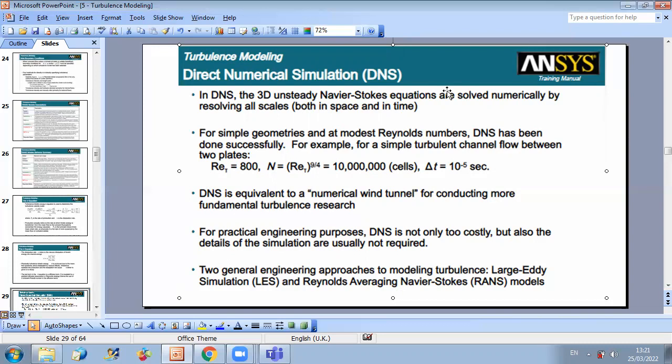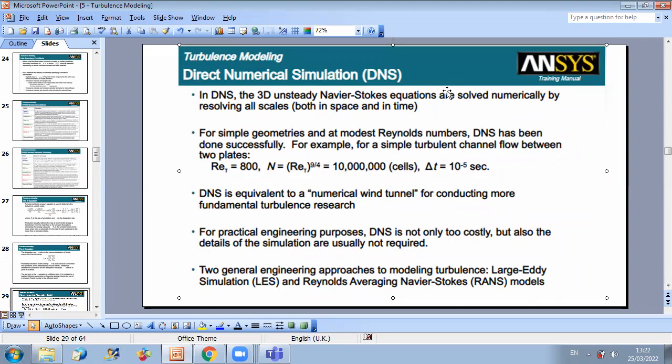So for practical engineering purposes, direct numerical simulation is not only too costly, but also the details of the simulations are usually not required. As we said, in a lot of engineering applications, it's not possible to have a direct numerical solution of the equation.